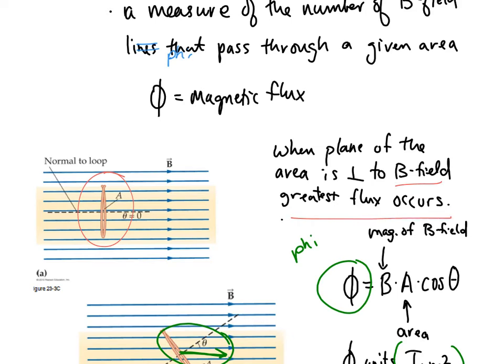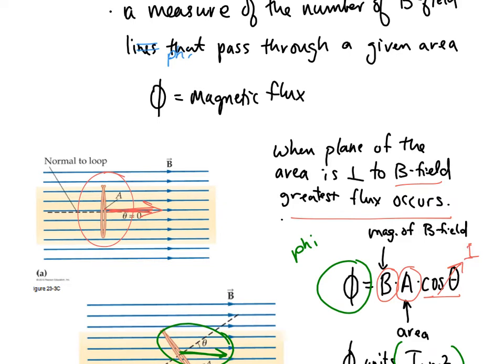The measurement of flux is the magnitude of the B field times the area of the loop times the cosine of the angle theta between a line that's normal, that means perpendicular, to the area of the loop and the direction of the B field. Notice that the normal line here is exactly parallel to the B field. That means the area of the loop is perpendicular, because the normal line is perpendicular to the area. So the normal line and the B field have an angle of 0, cosine of 0 is 1. So that's when you'd have the maximum flux.